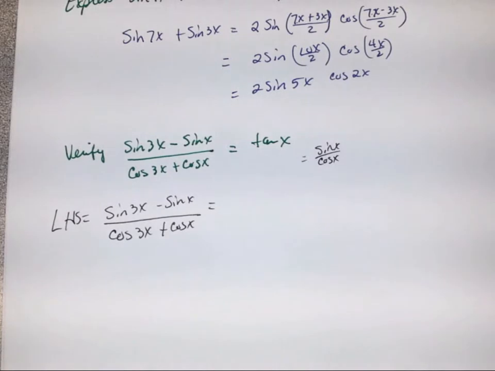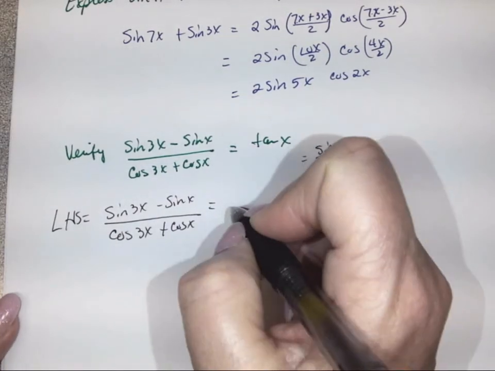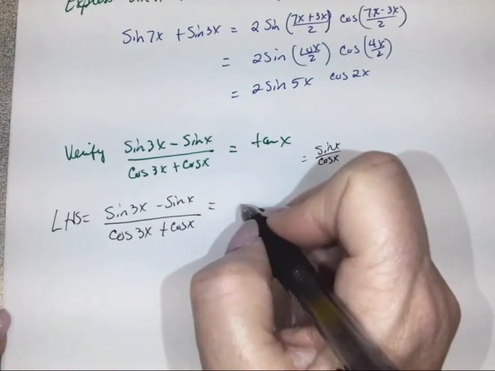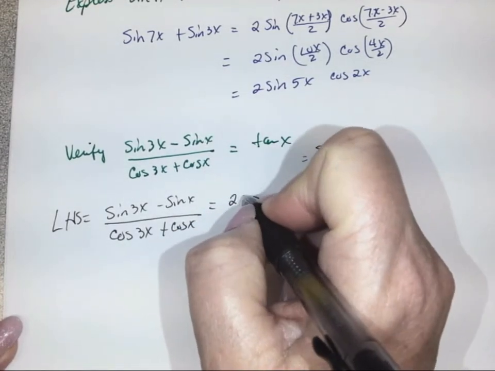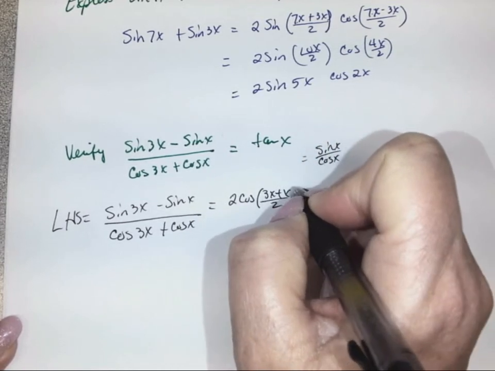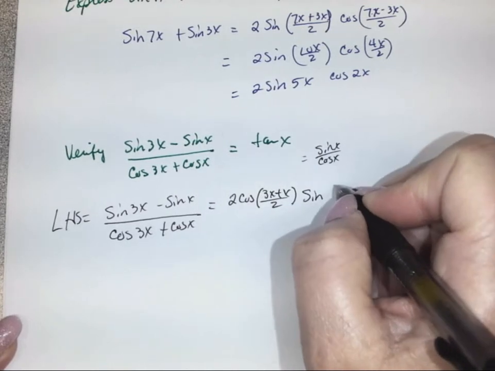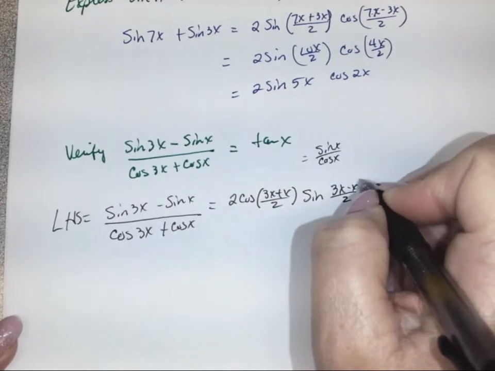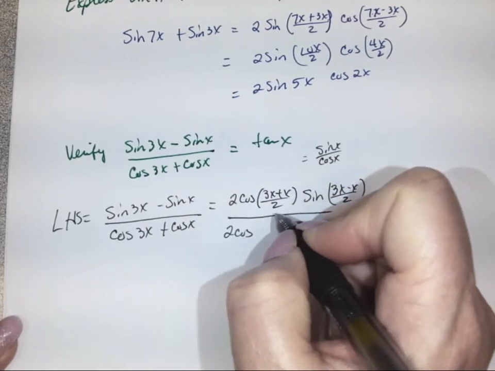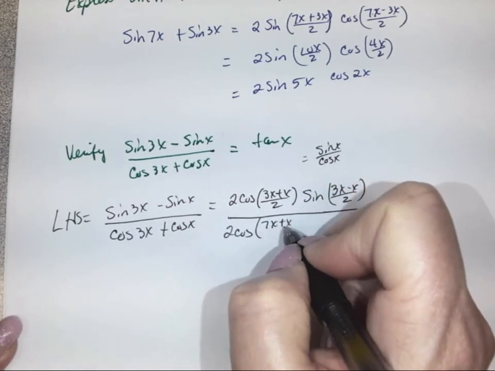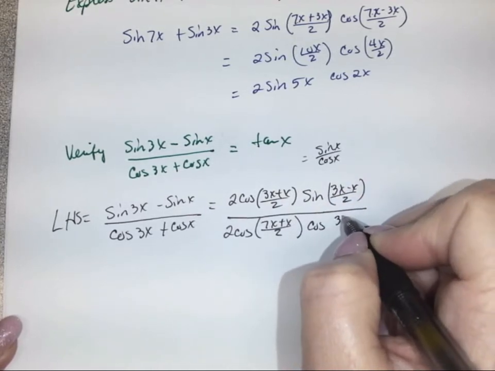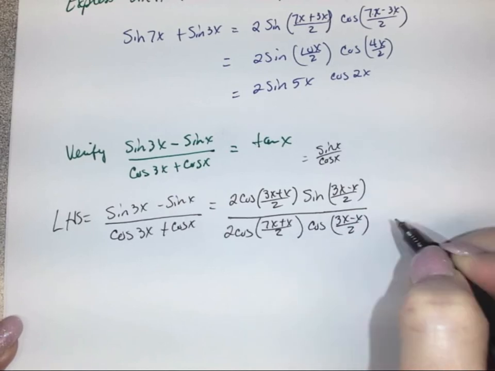So this will be 2 times the cosine of 3x plus x over 2 times the sine of 3x minus x over 2, divided by 2 times the cosine of 3x plus x over 2 times the cosine of 3x minus x over 2.